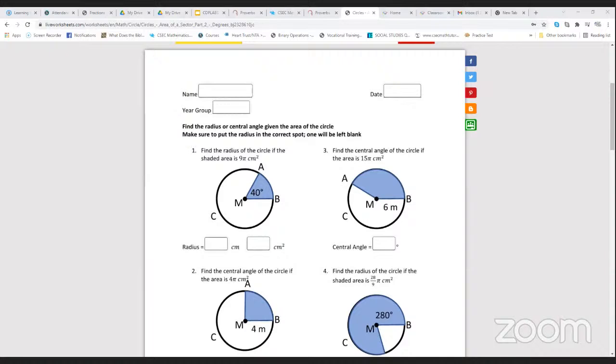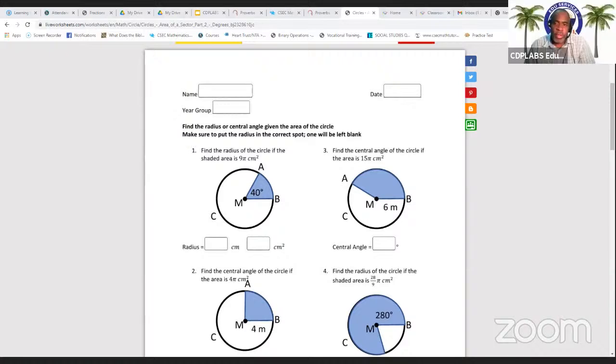Yes, sir, 5. Nikisha, you're going to divide yours into 9. Divide yours into 9, Nikisha.